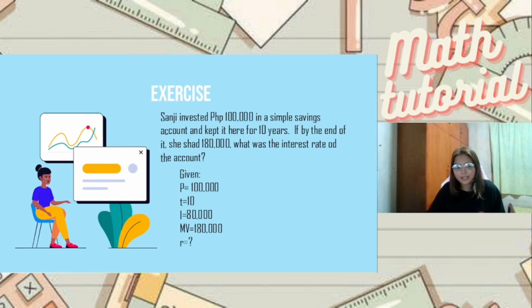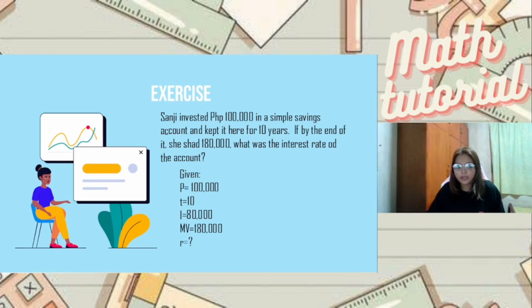So, sabi nga dito, si Sanji daw nag-invest ng 100,000 in a simple savings account. And, tinago niya dun yung pera niya for 10 years. So, sabi dito, sa end daw ng 10 years na yon, nagkaroon siya ng 180,000 pesos sa bangko niya. So, ano yung interest rate ng account niya?